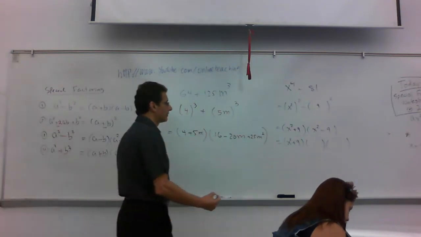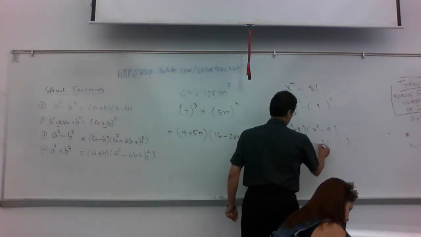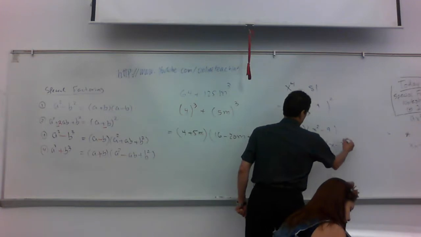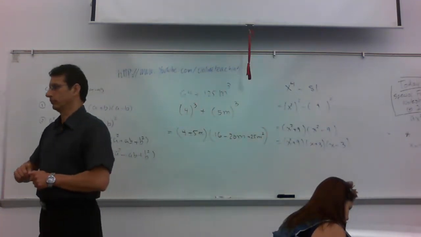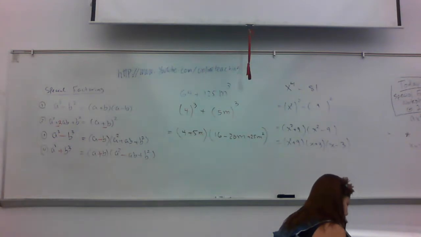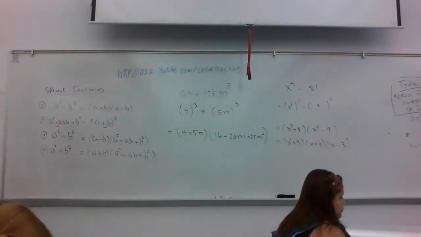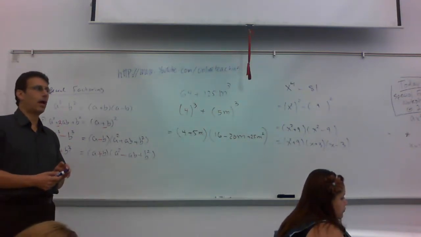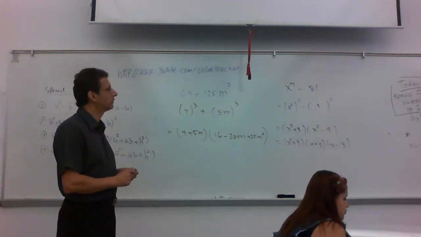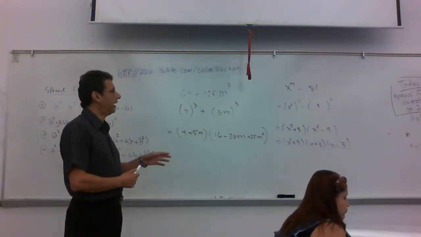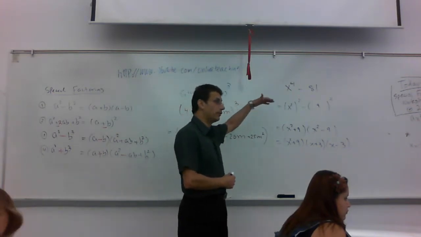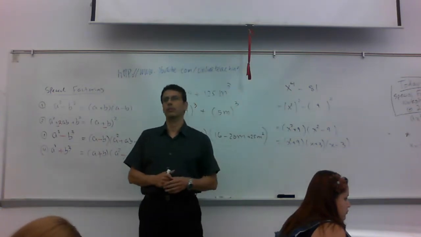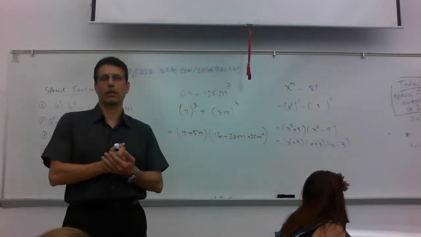So what is that? X plus 3, x minus 3. Does that work for everybody? All right. So if you happen to have a case that fits into one of them, see if you can continue, in the case of, for example, difference of squares, we can do that.